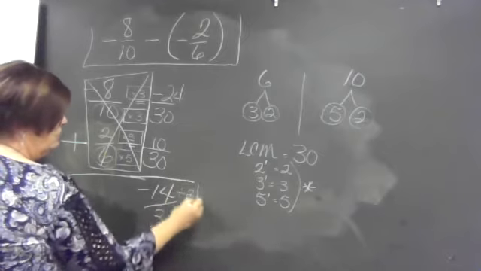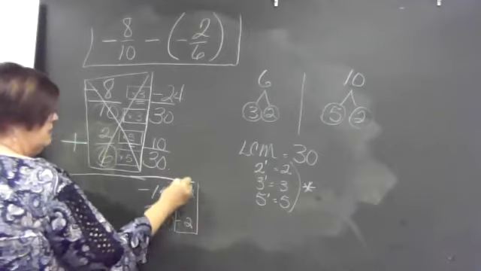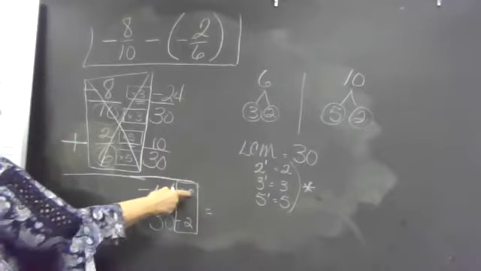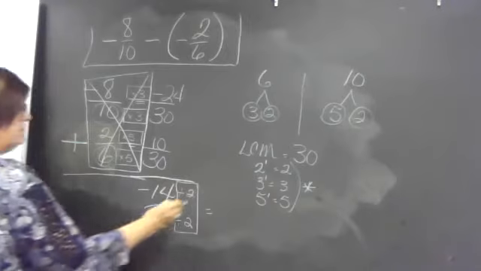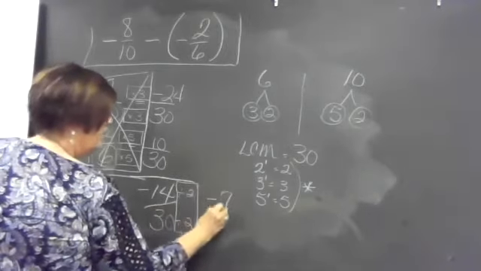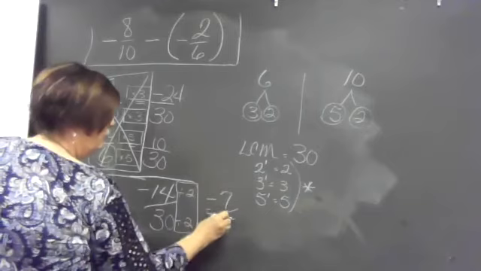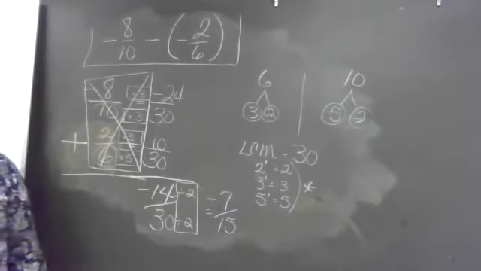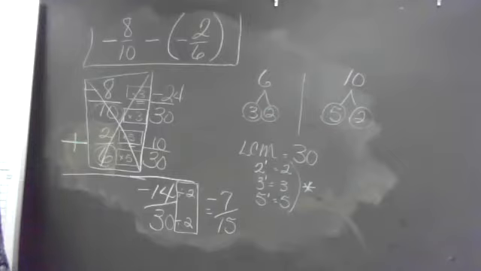And so notice that we're dividing by the same thing. It has to be the same thing. And so now a negative divided by a positive stays negative. So I have a negative 7 over 15. Y'all see? Be careful of your negatives because today we're going to work on them a lot on your worksheets.